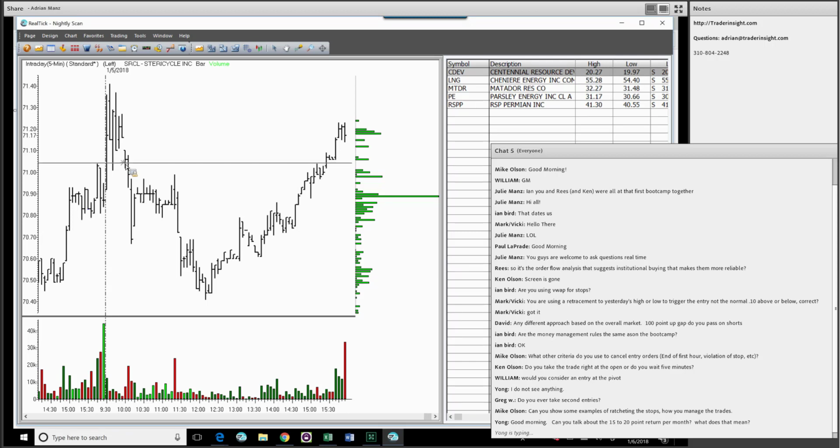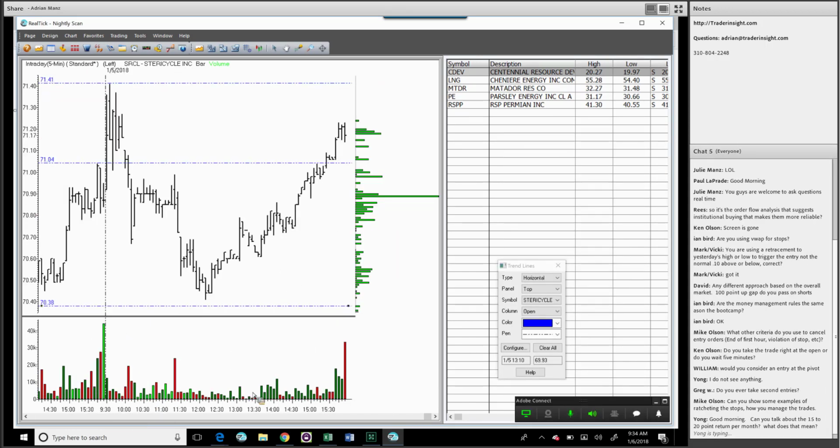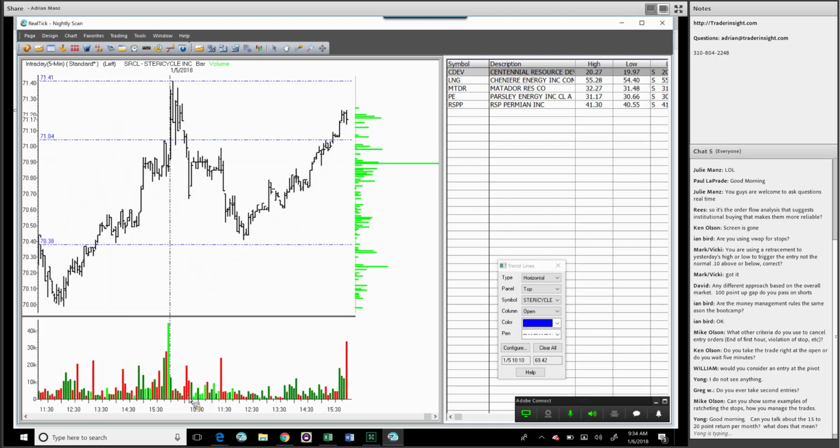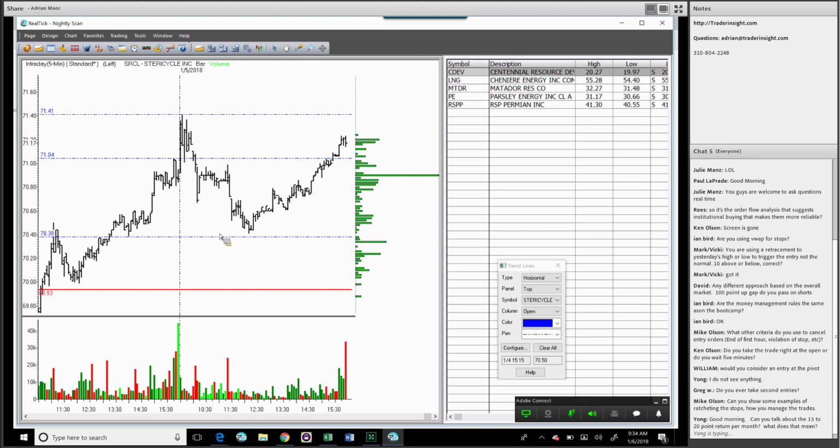What I'm looking at is where's the high of the prior session, and where am I in the trading today, and where's my logical stop? Your logical stop on this thing is really wide, and you want to get that moved to break even quickly.